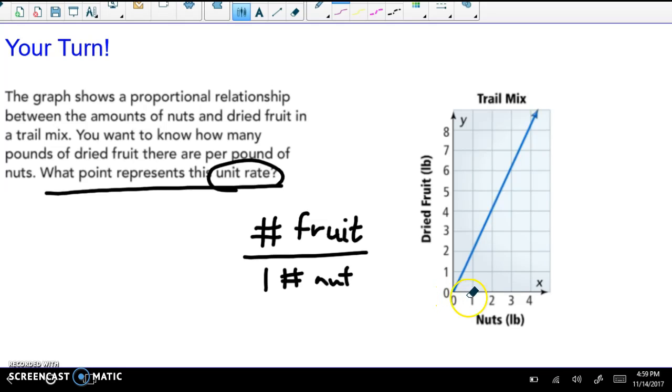So that means on my x-axis here, which is measuring the pounds of nuts, I am looking for 1. So I find the point on my graph that matches that. And when there's 1 pound of nuts, there are 2 pounds of fruit. So this point would be 1, 2.